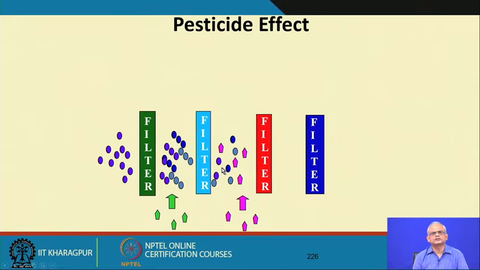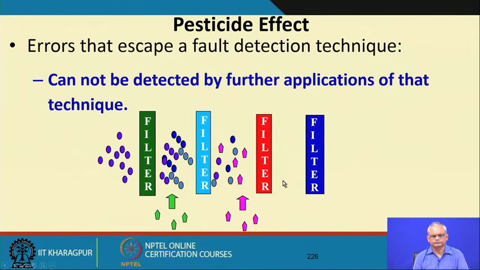So, the farmer needs to apply some other pesticide. In testing, it is the same thing. There is a very strong analogy with the pesticide effect in crops.